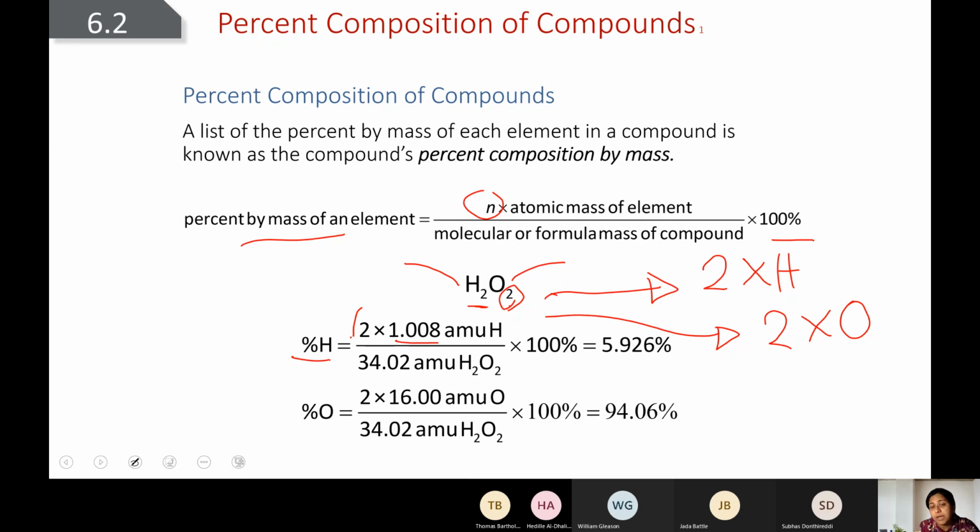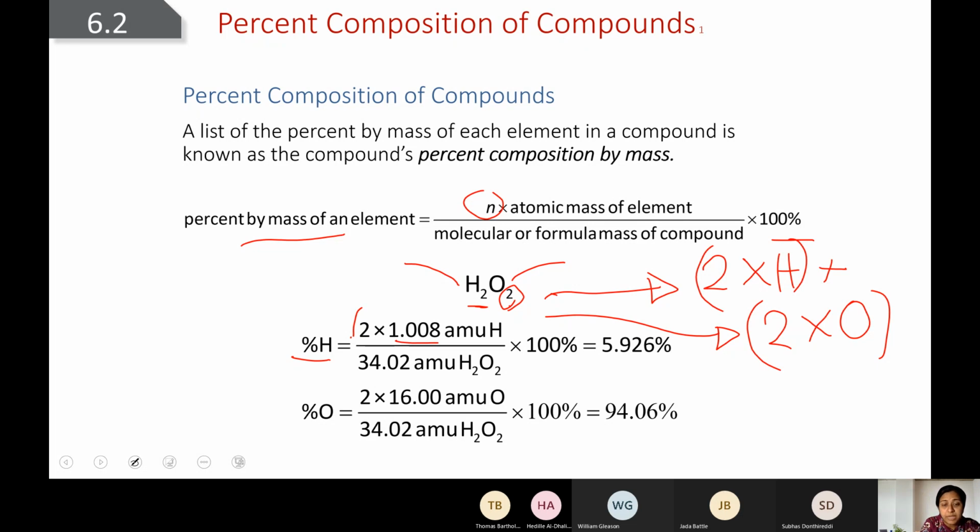How can we find the molecular or formula mass of hydrogen peroxide? Yes, we take the atomic mass of hydrogen and multiply it by 2, and we add it to the mass of oxygen multiplied by 2. We add these two together, then we get the formula mass of hydrogen peroxide.